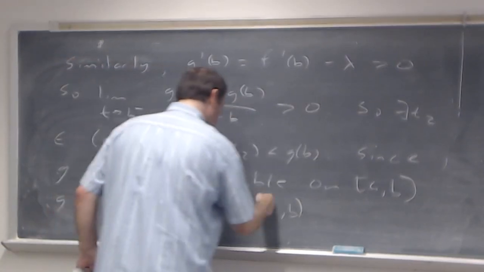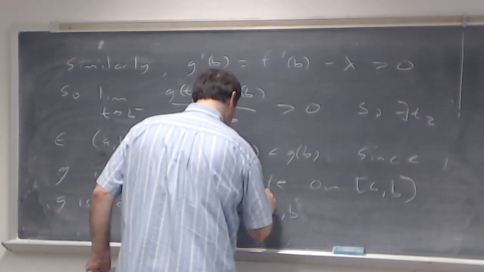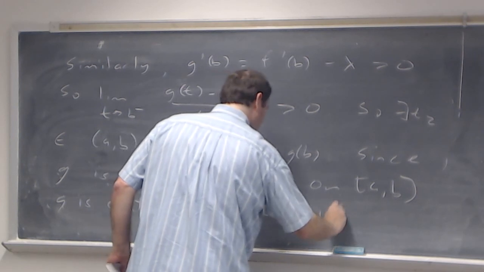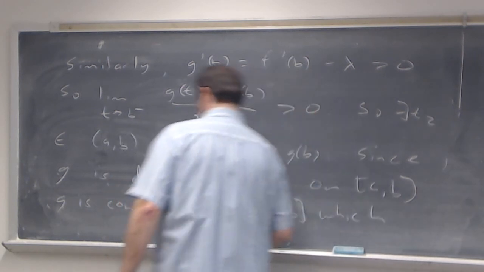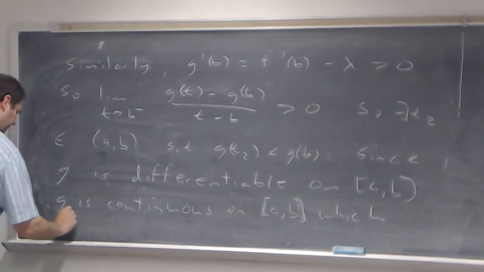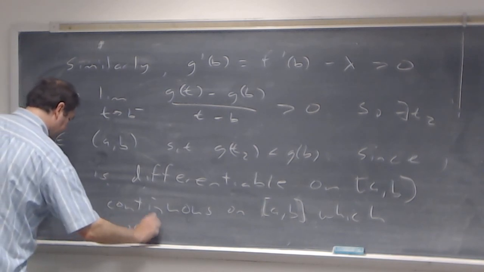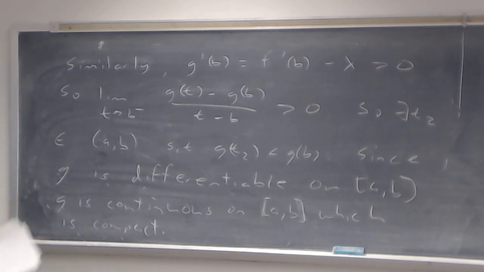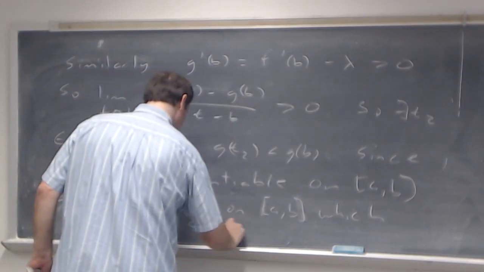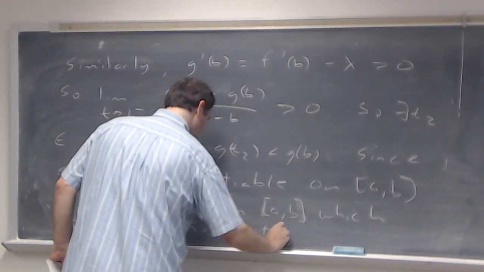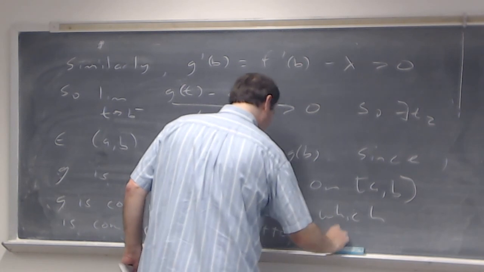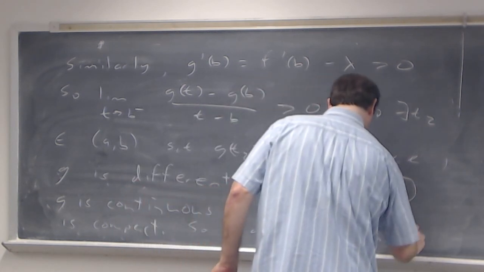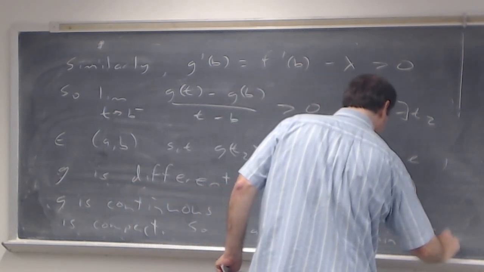And here it's closed, which we notice that this closed interval is compact. So that means that g attains its minimum on a to b.